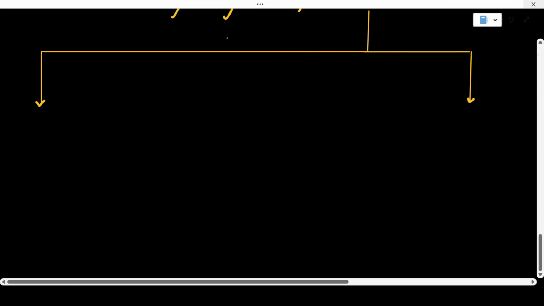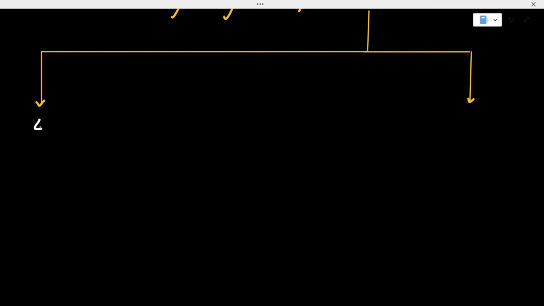So like I said, the collision could be elastic, or the collision could be inelastic. How do we define elastic? It can be defined by these two pointers. There are two ways we can check if the collision is elastic or not.